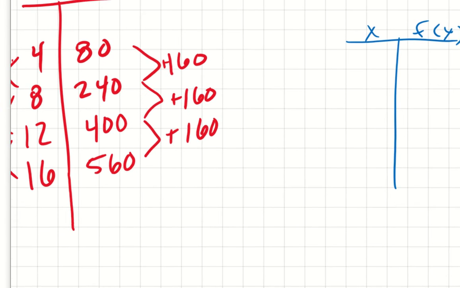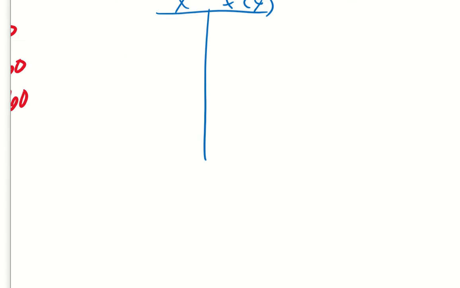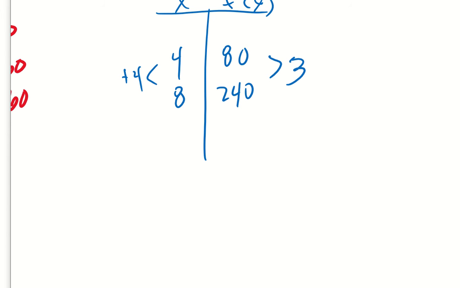Use different colors so I can just come back to them. What do we have? f of 4 is 80 and f of 8 is 240. This is going to be add, multiply, so this is still plus 4, but over here, 80 times 3 is 240.